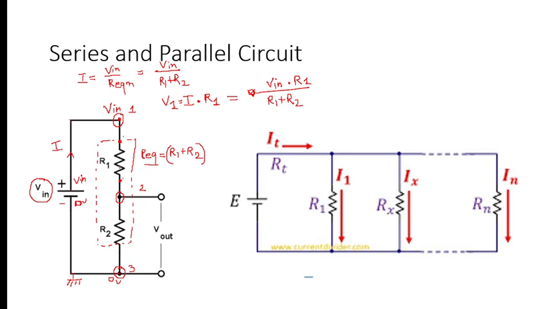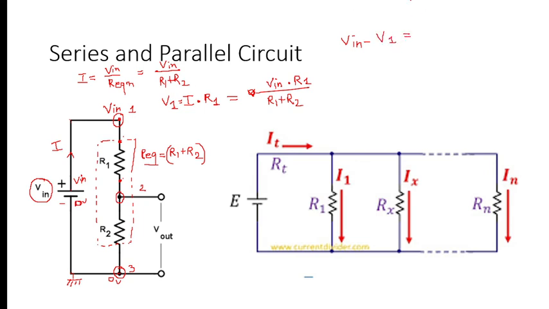Now what is the potential over here? Here the potential was V in. Now V1 amount of drop has occurred, that means it is lost. Naturally the voltage here will be V in minus the lost voltage, that is V in minus V1.